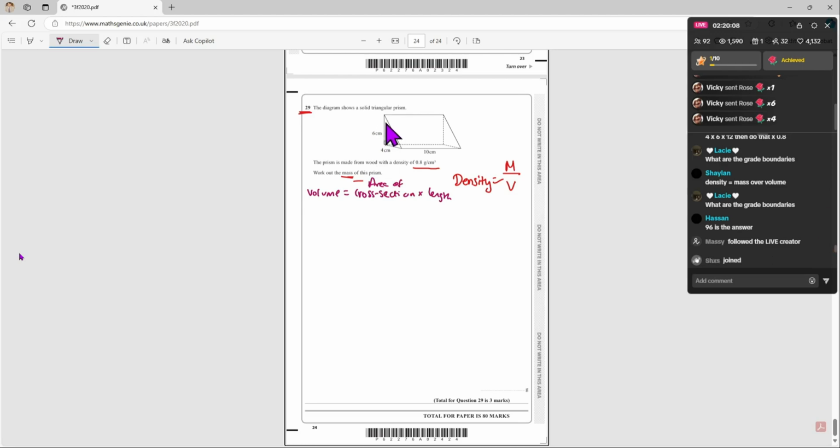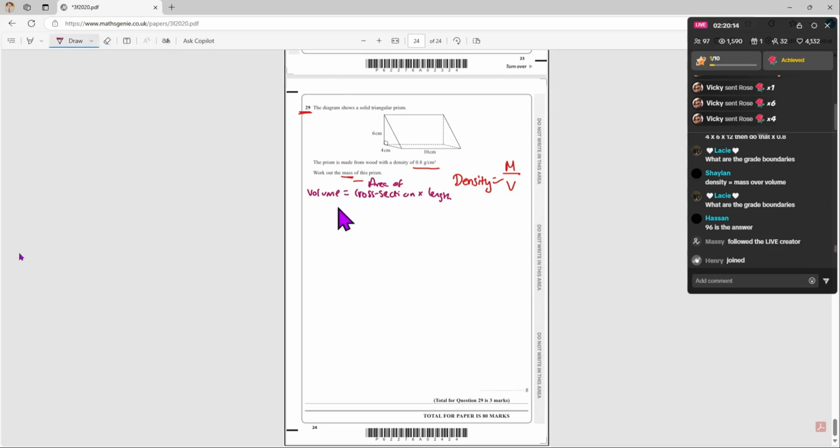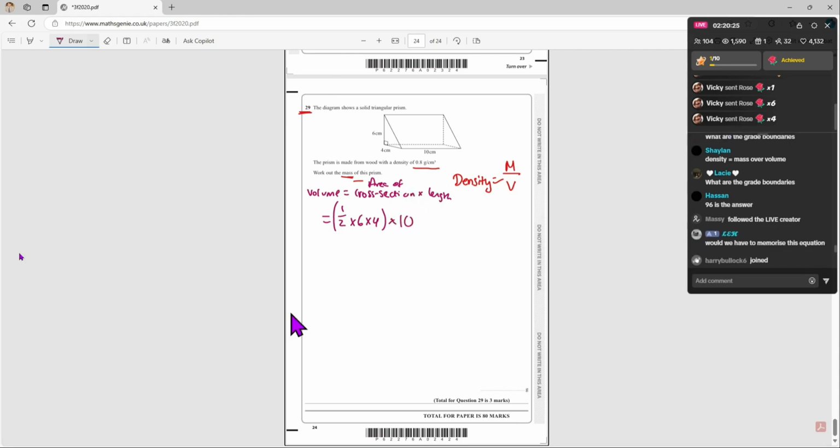So I find the area of this triangle over here. It's going to be a half times 6 times 4. That gives us the area of the triangle, and then we times it by the length, which is 10 centimeters. Remember, guys, this is our calculator paper. So you will get an answer of 120 centimeter cubed, and that will be the volume of our triangular prism.